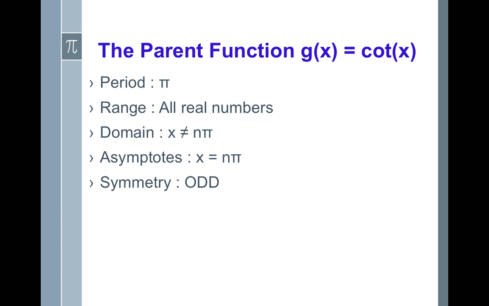And again, if you think about it, on your unit circle, cotangent is the x over the y, and any place a y is 0 makes an undefined cotangent function. And again, with cotangent and tangent, it's an odd function, rotates evenly around the origin.